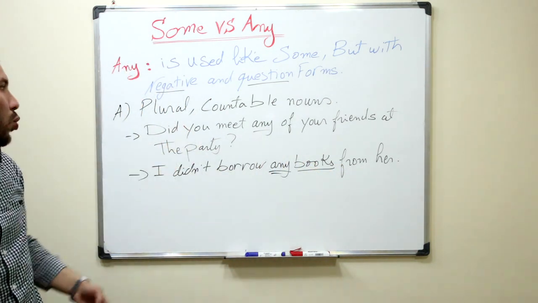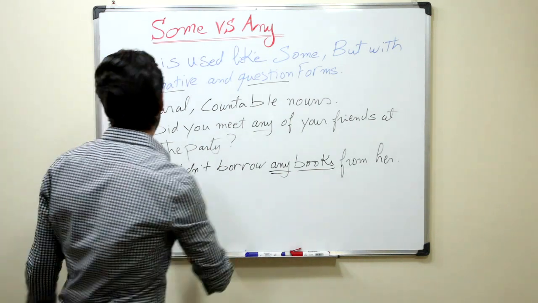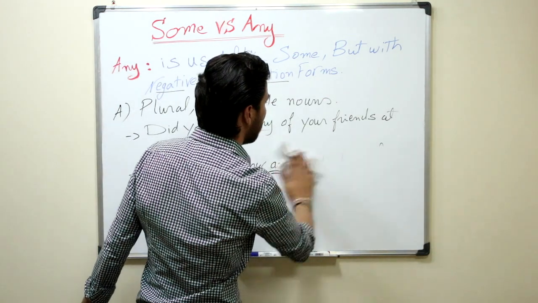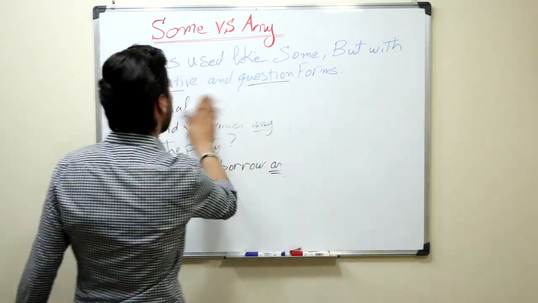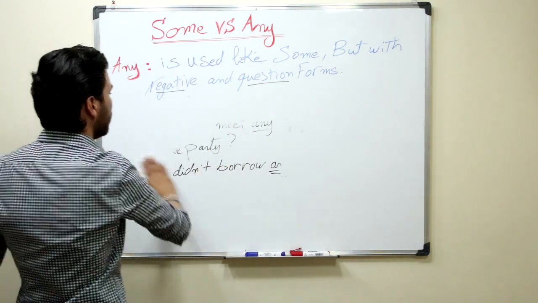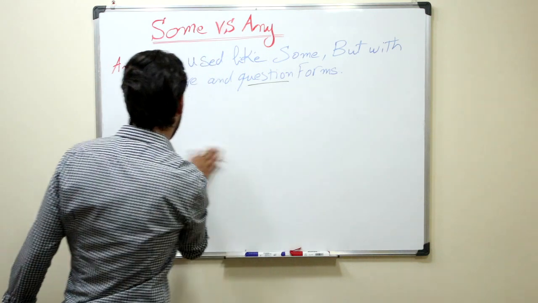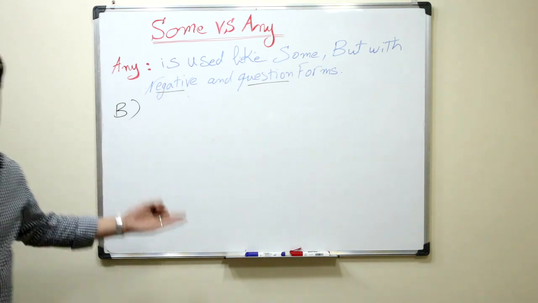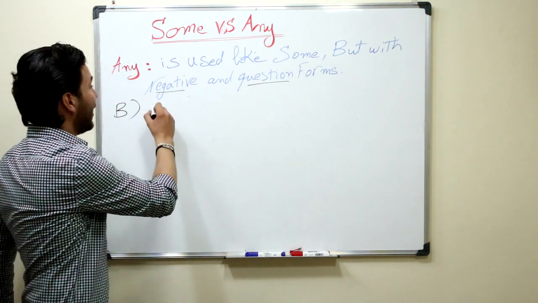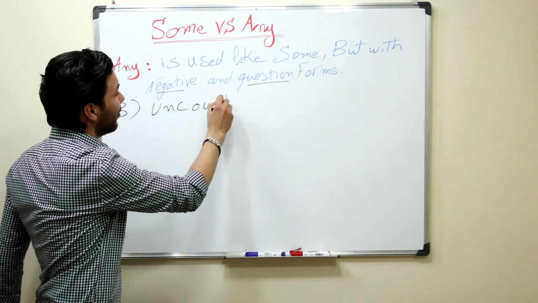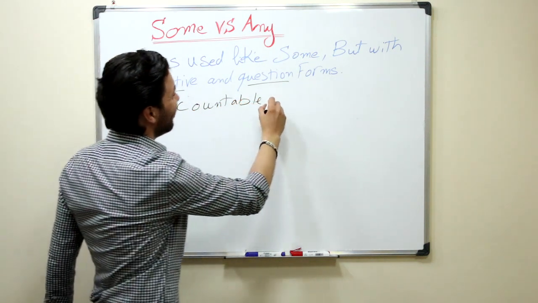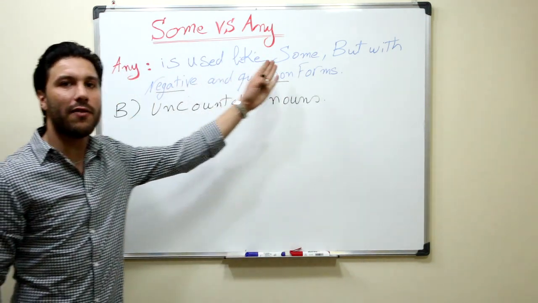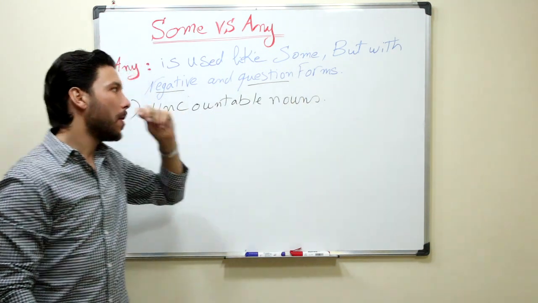I think it is clear with this one. Now let us please go to the second rule. And that would be B. So if you remember that, it will be uncountable nouns. And of course it will be with negative as well as with question forms.